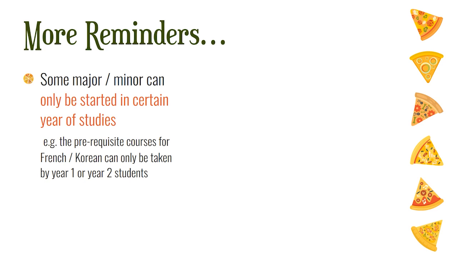And there are some majors and minors that can only be started in a certain year of study. We are referring to the junior year of study. For example, the language courses, like the prerequisite courses, is very well structured. You might have to divide it into at least 3 years in order to complete all the prerequisite courses. So you have to start early as a year one or year two student.